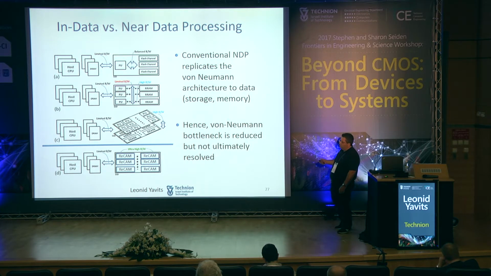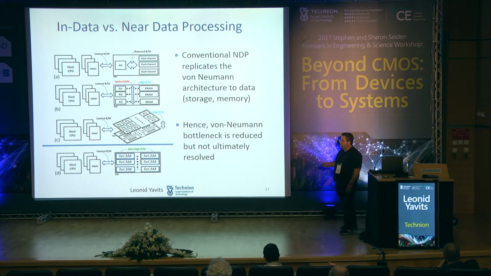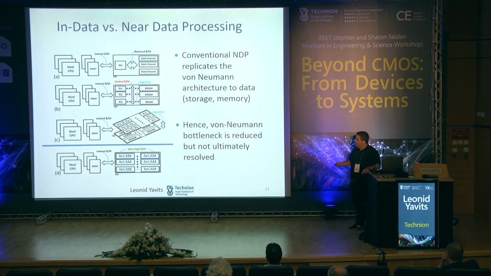So in a typical SSD, you would see a number of flash channels and a little CPU core sitting on the side. Typical bandwidth in a system like that ranges from a few hundreds of megabytes per second to maybe a few gigabytes per second. If you push it, if you add 16, 18, 20, 24 channels, maybe you can go a little higher than that. That's pretty much it.